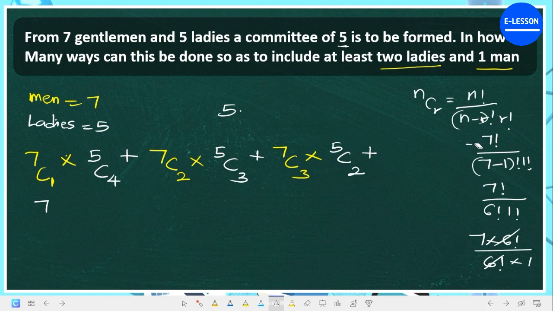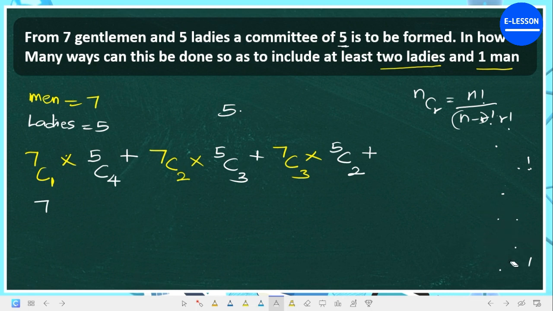But it's something that you can actually press in your calculator. So we now have the next one as 5 combination 4. What would 5 combination 4 be? You come to your calculator and say 5 shift combination 4, and that will give us 5.